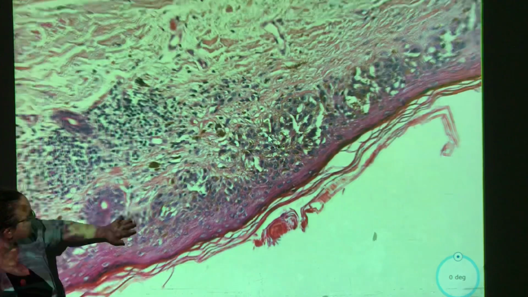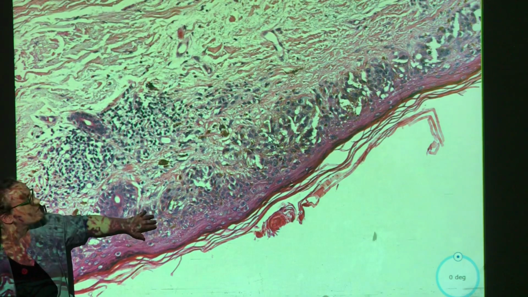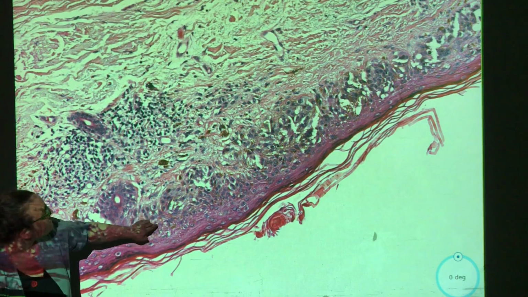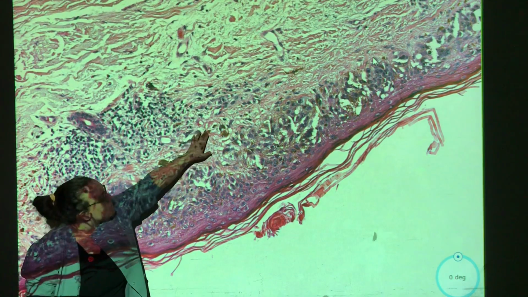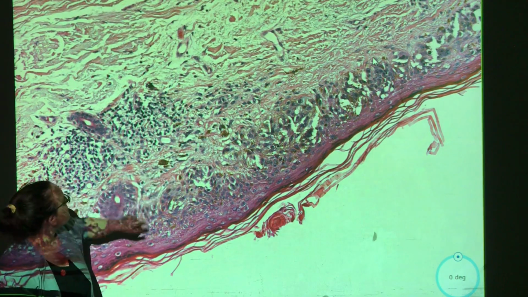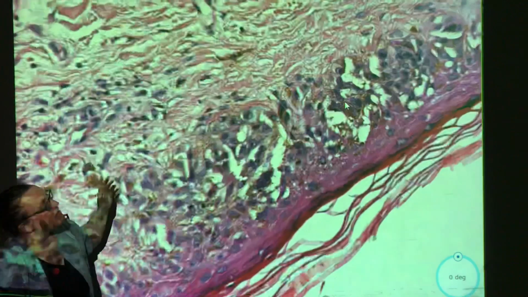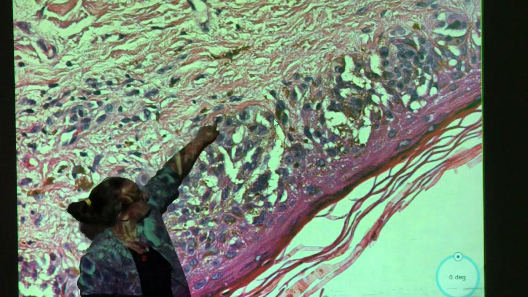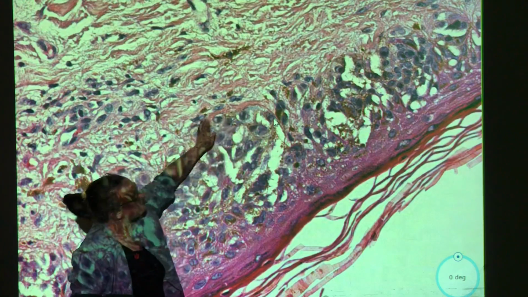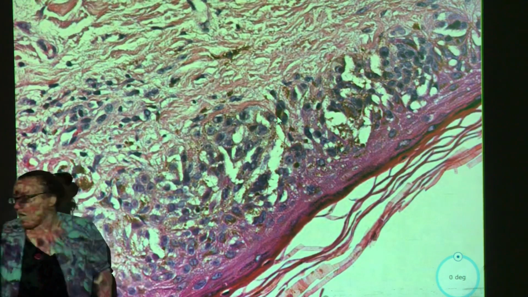I think it's easier to see on the computer than it is on here. But they're nice and round, okay? And then we have melanosomes in the background that I think make this a more difficult lesion than what it actually is. Again, here you can see there's nice round areas. You can see the basement membrane.